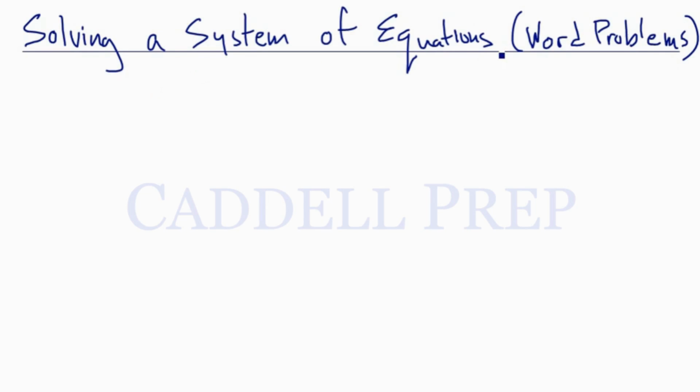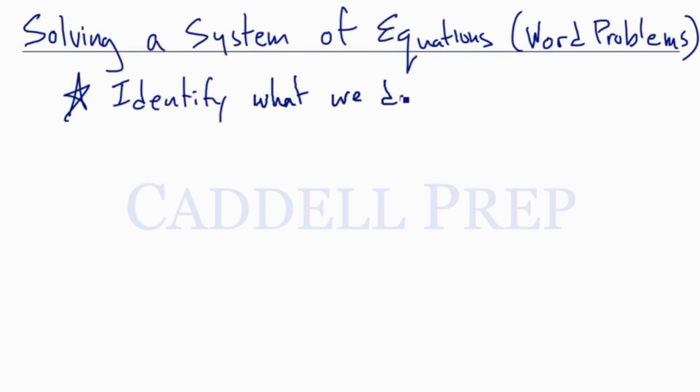Alright, so solving a system of equations from word problems. There are a couple of key things we want to do. First, we want to identify what we don't know. Okay, and then declare variables.